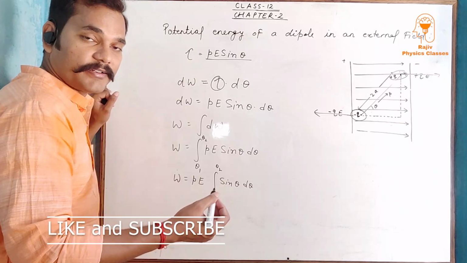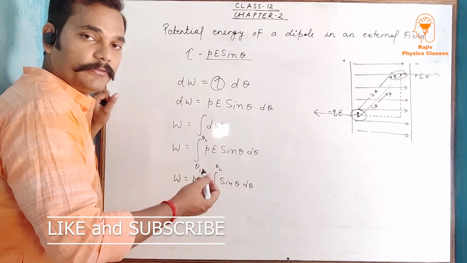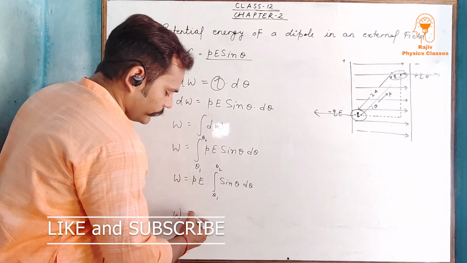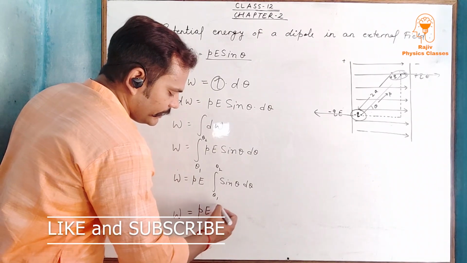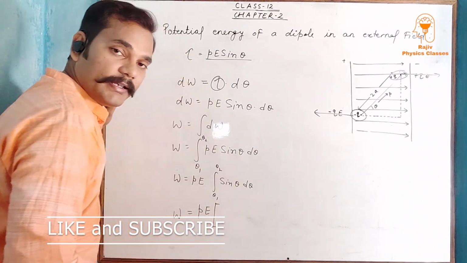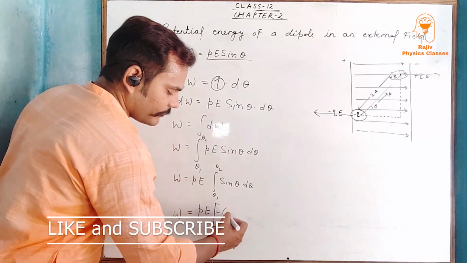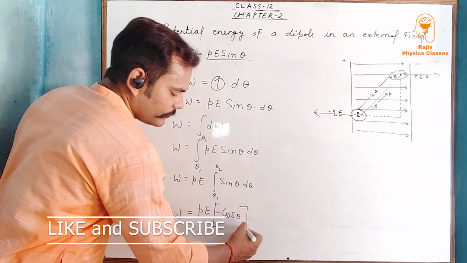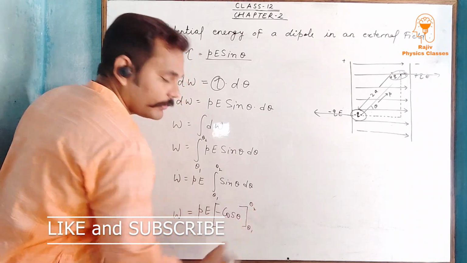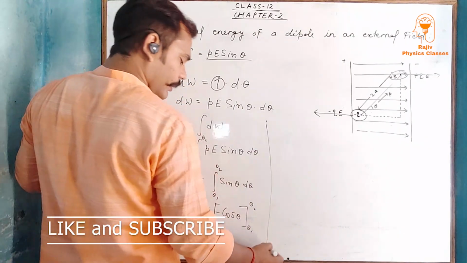If you don't know integration, then such things are not easy for you. W equals PE, and the integration of sine theta is minus cos theta, with limits again from theta 1 to theta 2. So solve it.